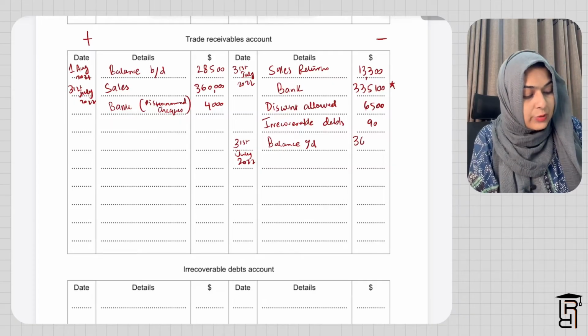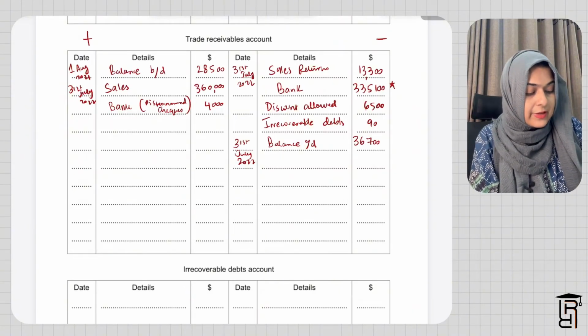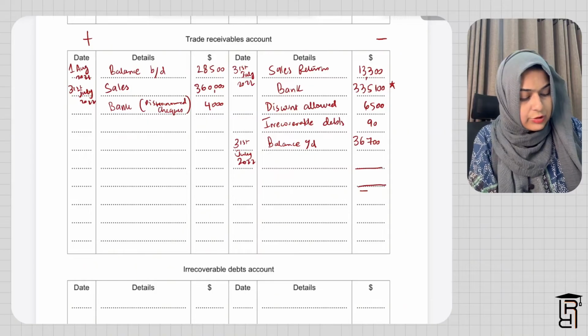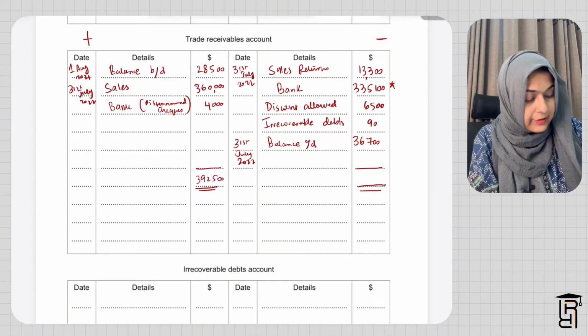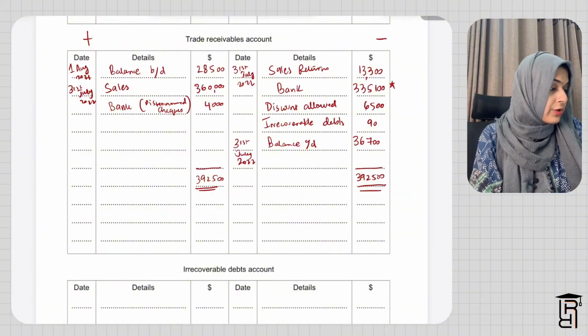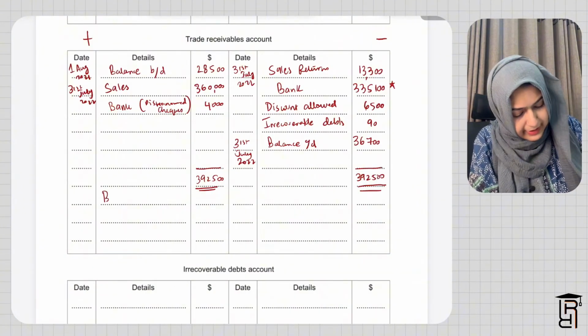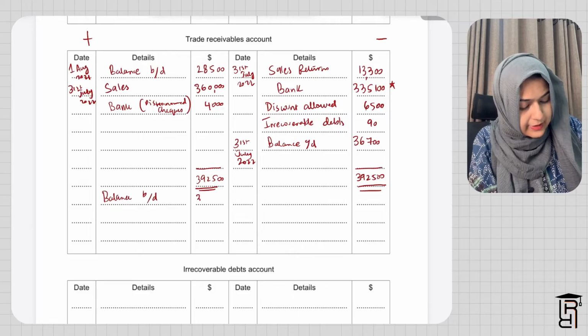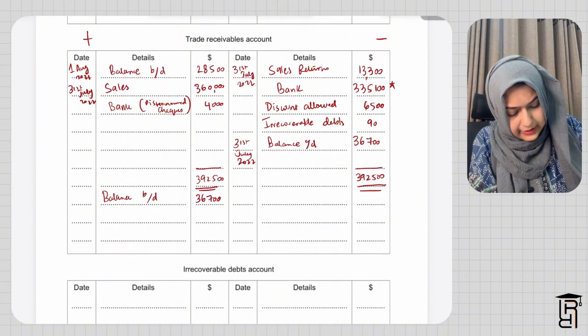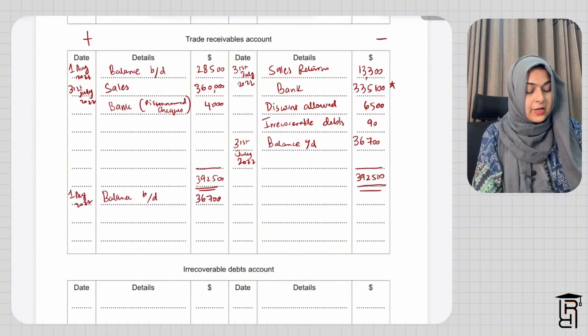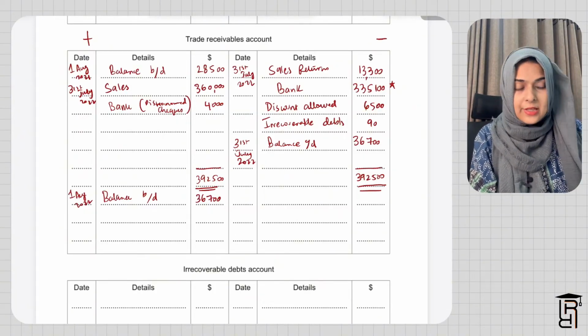My balance carried down will come out to be 36,700. This account will total at 392,500 on both sides. Balance carried down will become my balance brought down, and this will be 36,700. This will be 1st August 2022. So that's it for the trade receivables account.